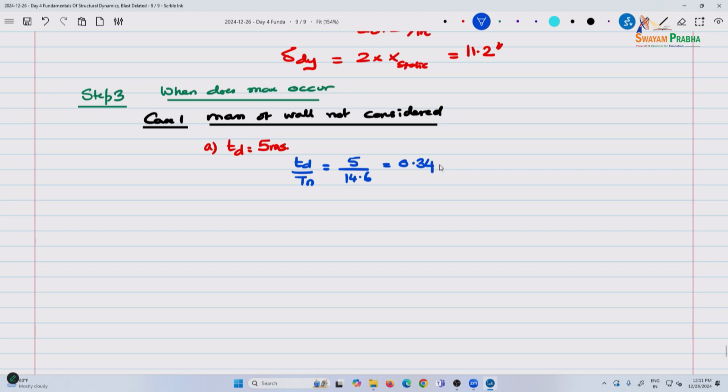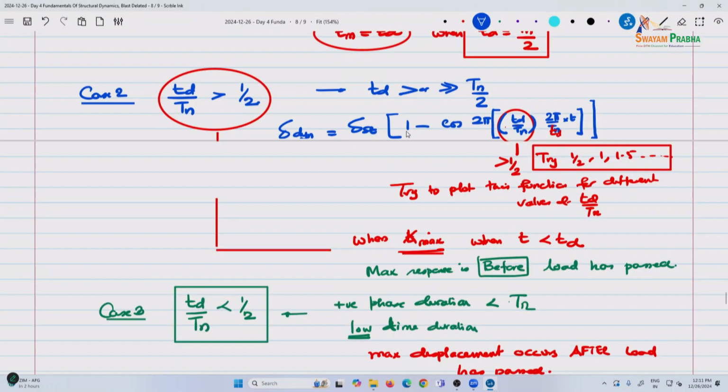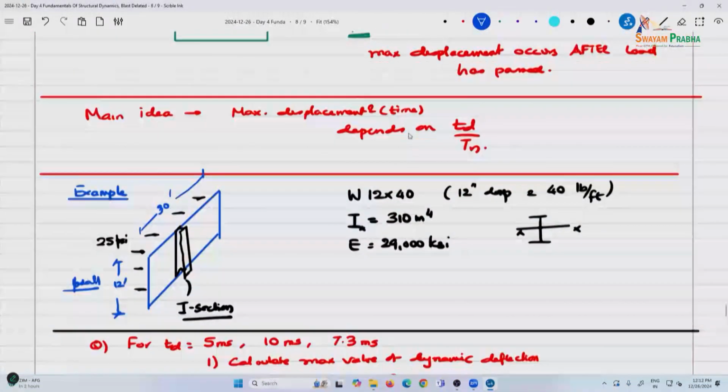So, when does it occur? If Td by Tn is less than half, maximum displacement occurs after the load has passed.